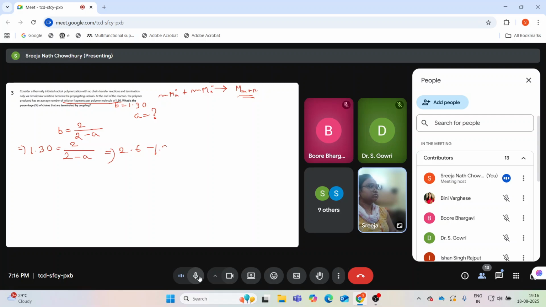If this is written, assuming initiator consumption is negligible over the first 1 hour, that means you should take I equals I0. Because it is negligible, we are considering it negligible for the first 1 hour, so that we can consider I equals I0. So let's move to the problem. I have to give you 2 minutes to solve it.